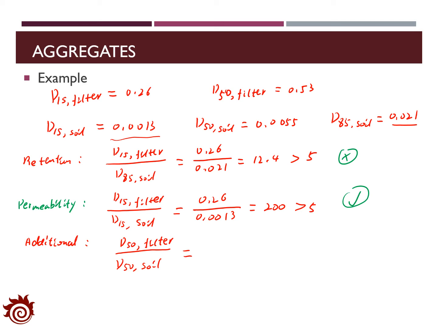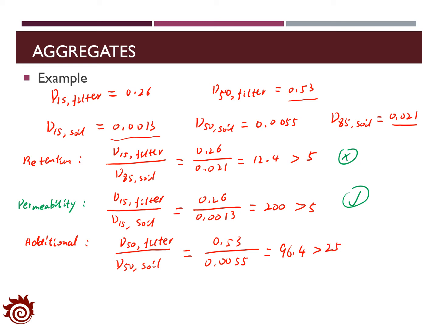So we have the value as 0.53 over 0.0055, which gives you 96.4, and that is much higher than 25.